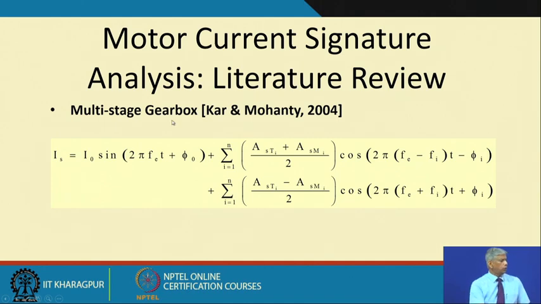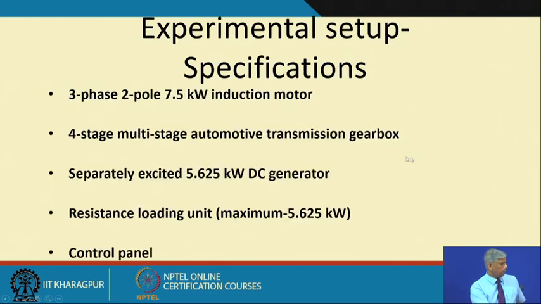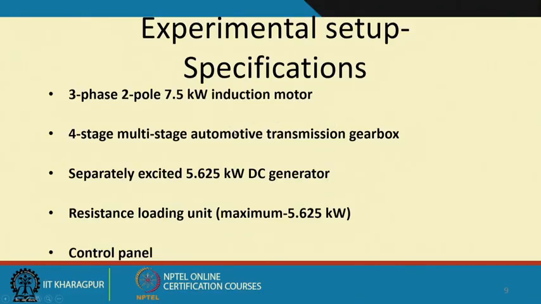In fact, if you go back to our Google Scholar, you will see these literatures and the entire theory behind these. Now, to demonstrate this motor current signature analysis on a gearbox, I am going to briefly go over an experimental setup which we did in the lab.